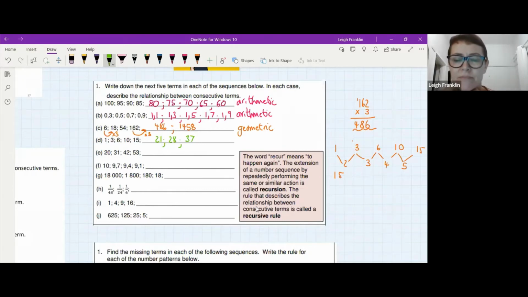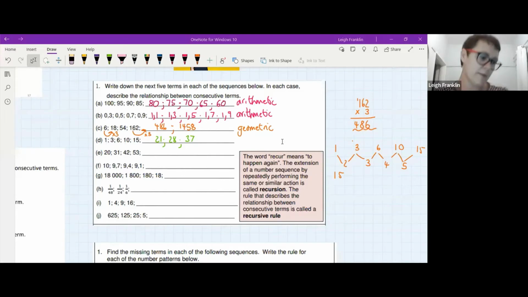I think it's arithmetic. Okay, but with an arithmetic pattern, it has to be the same difference every time. So if I'm adding, I've got to add the same number every time, or if I'm minusing, I've got to minus the same number every time. So do you still think it could be arithmetic? No, ma'am. Okay, this is a trick question, Olutando. And do you think it could be geometric?